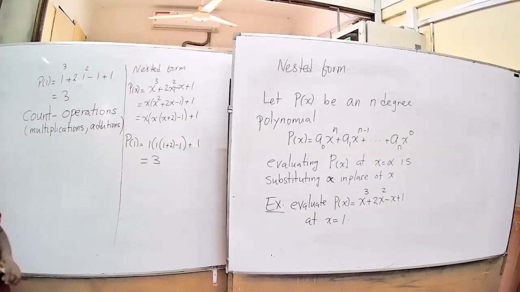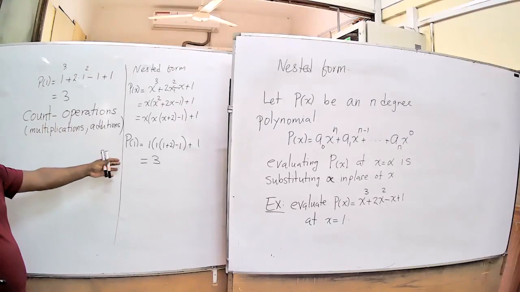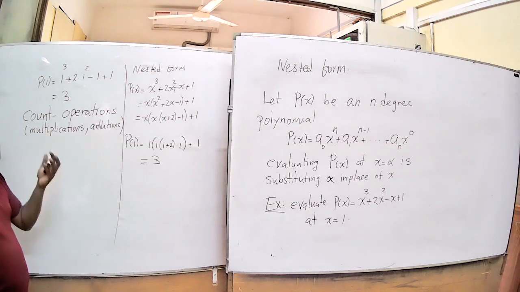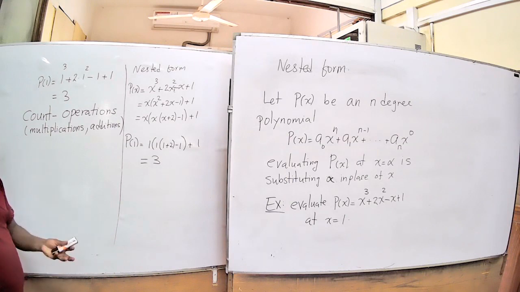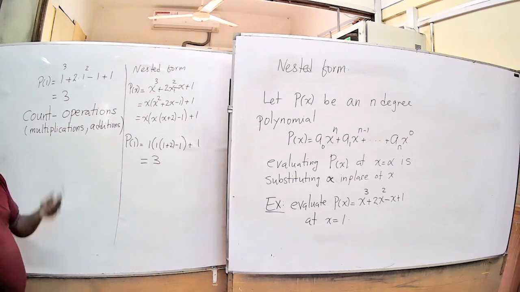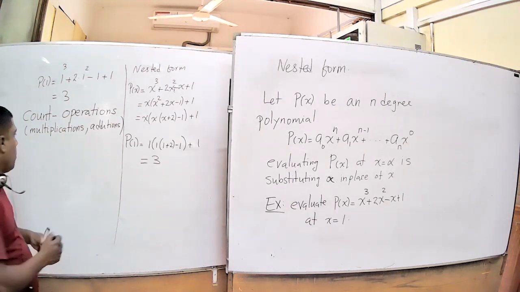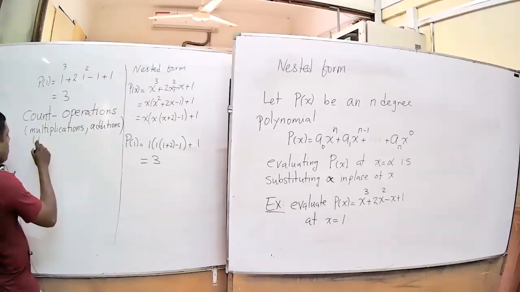Then you will see what about dividing. Multiplication is an operation. So what is division? Division is also a multiplication, because if you divide something by 2, it means you multiply that number by 1/2. So if you have a division, you count that as a multiplication.